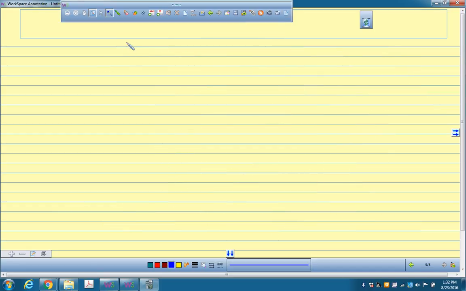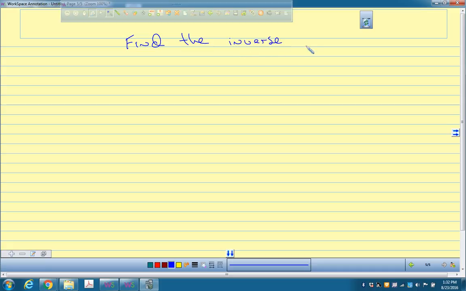But find the inverse for f of x. So this is kind of a tricky little problem. For f of x equal to x minus 4 over x plus 2. So I would pay attention to this because I think it pops up on the quiz and it pops up on tests.